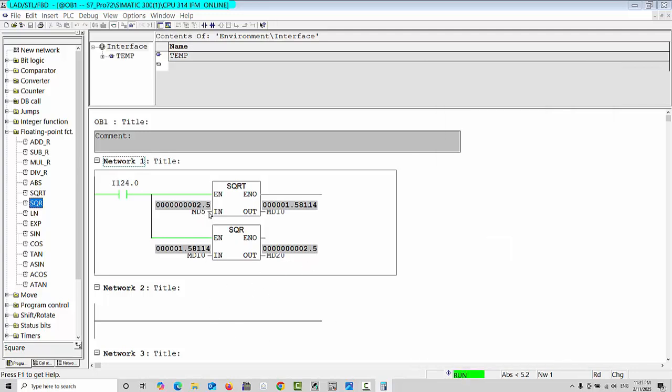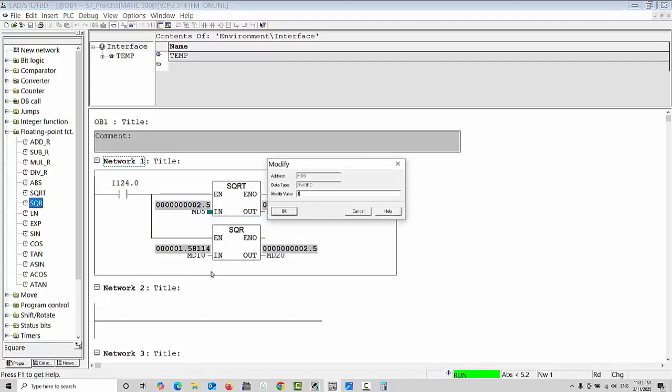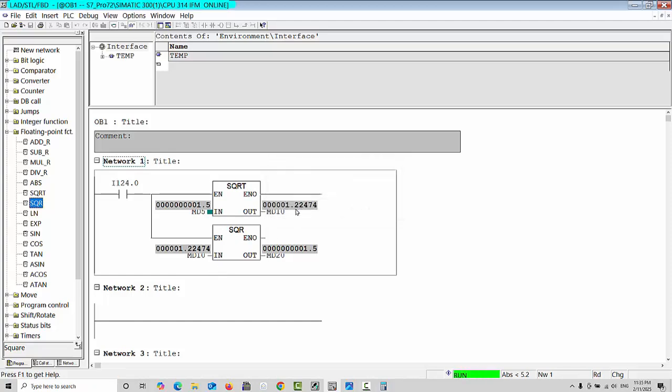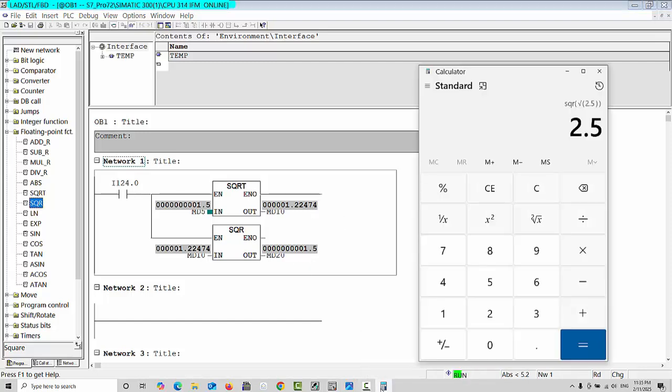One more example we will take. For example, the square root of 1.5 is how much? 1.22474, this answer, and we will verify it with the calculator.